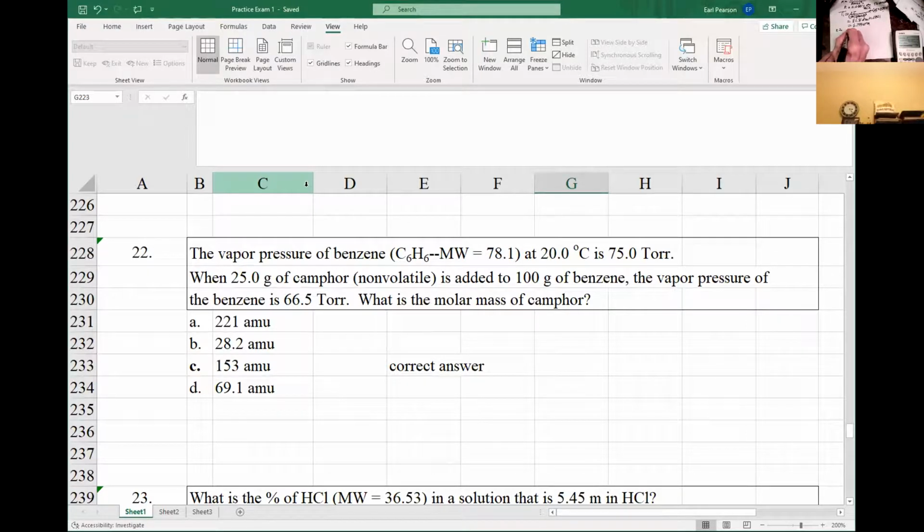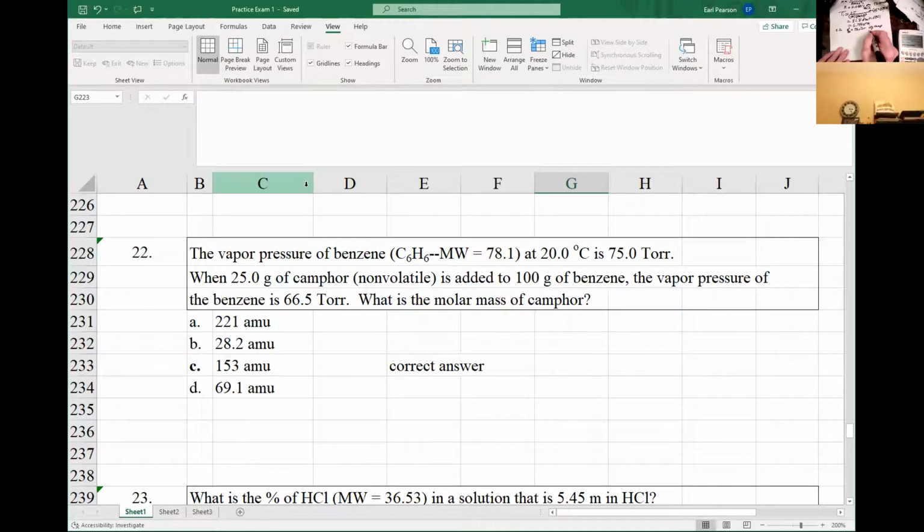P of benzene, the pure benzene, has a vapor pressure of 75 torr. And what else have we got? You've got 25 grams of camphor. I'll just write it like that.